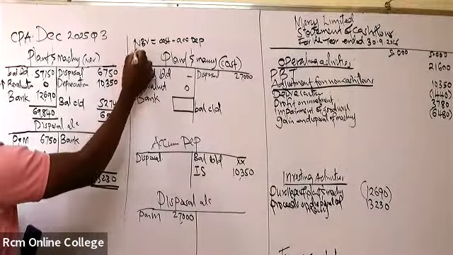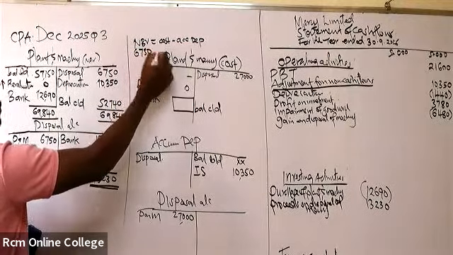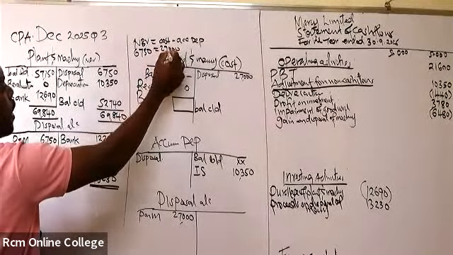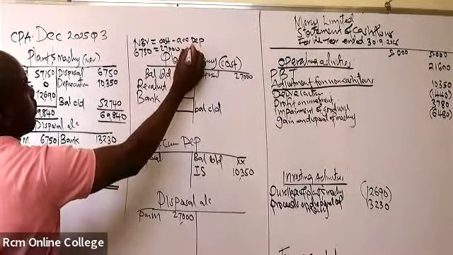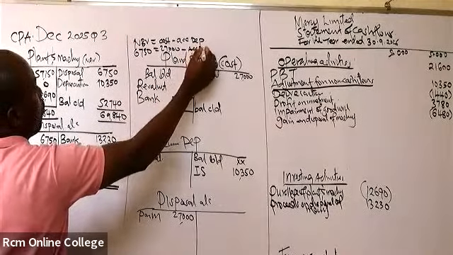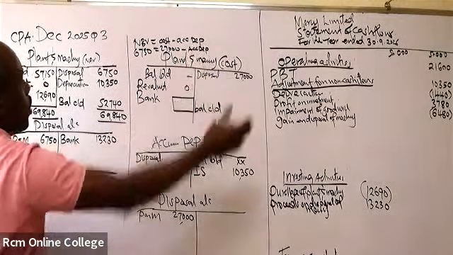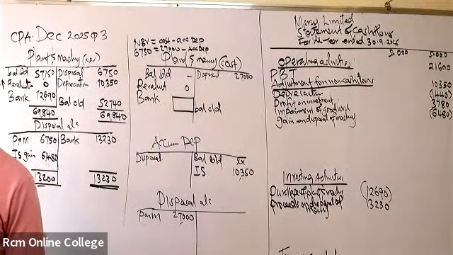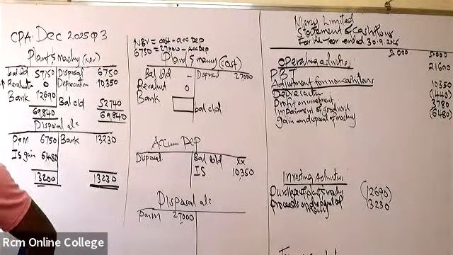Yes, 6,750. Do we have the cost? Yes, 27,000. Do we have accumulated depreciation? No. So can you make accumulated depreciation the subject of the formula? Then give me your result. What are you getting?